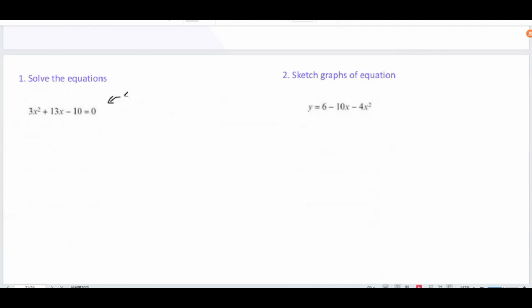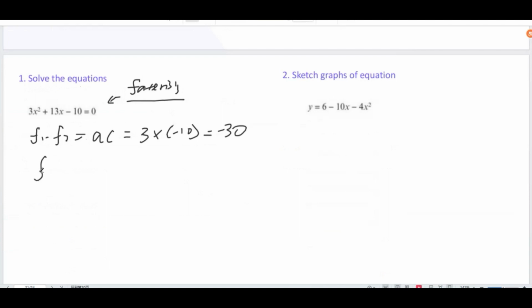First, we have to think about using factorizing. So here we have to find 2 factors, f1 times f2 equal, I say, 3 times minus 10 equal negative 30, and f1 plus f2 equal 16.